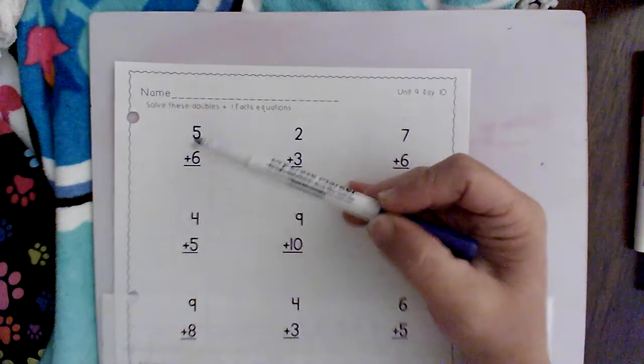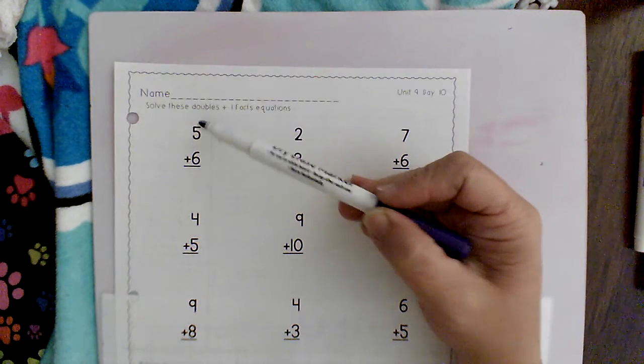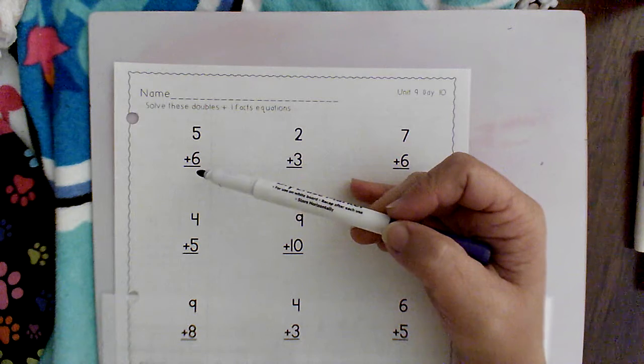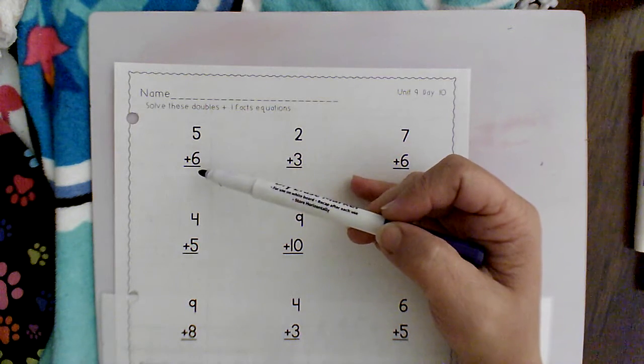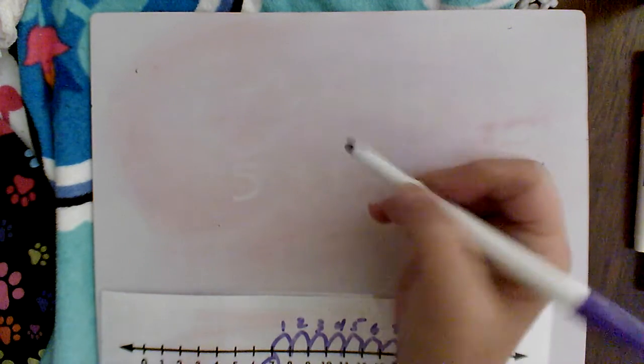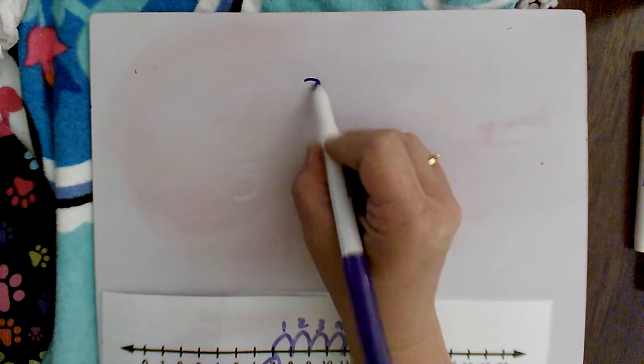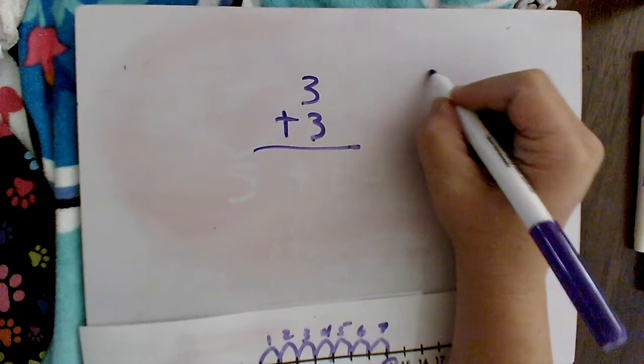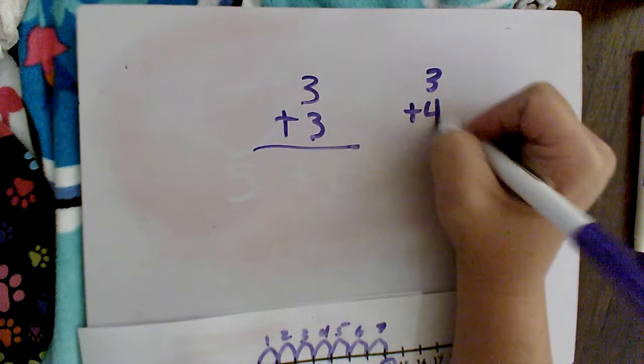Instead of 5 plus 5, which would be 10, 1 more would be 11. So for doubles plus 1, you just do your doubles, like 3 plus 3, and then you could do 3 plus 4.